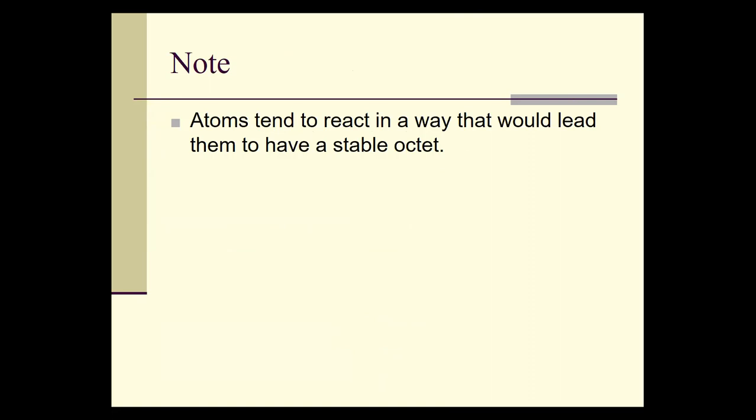So let's say, for example, I had magnesium. I'm going to draw this on the board. So here's magnesium. Magnesium has 2 electrons. And let's say we have chlorine. Chlorine has 7. Okay, so chlorine is looking for 1, and magnesium is looking to get rid of 2.